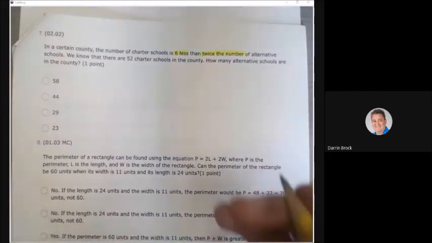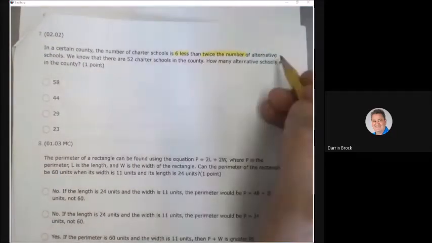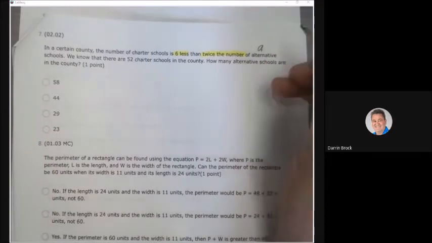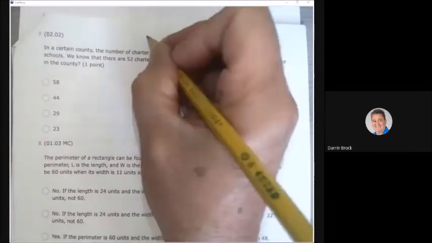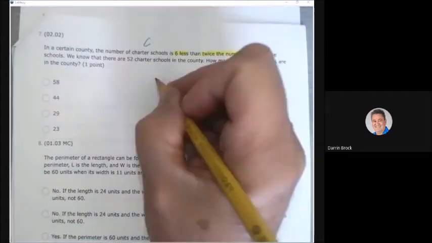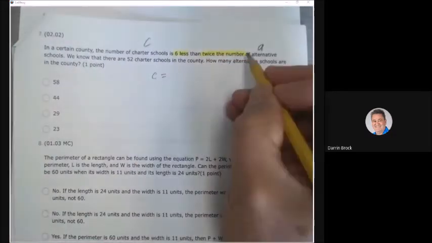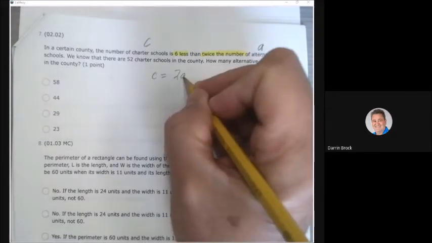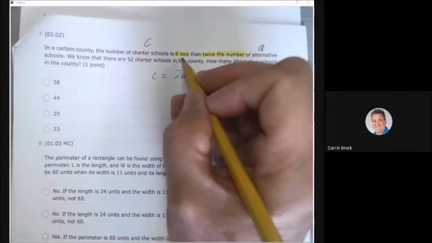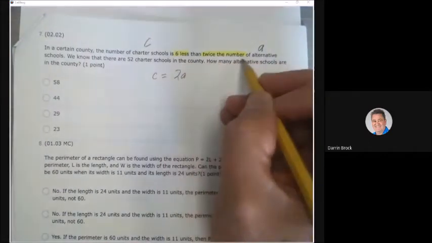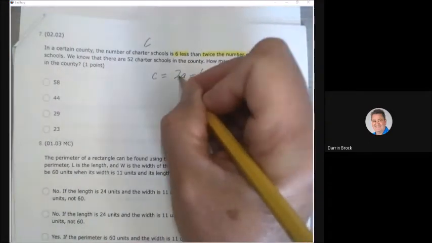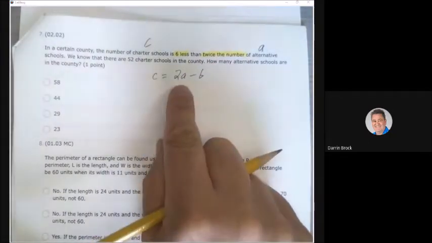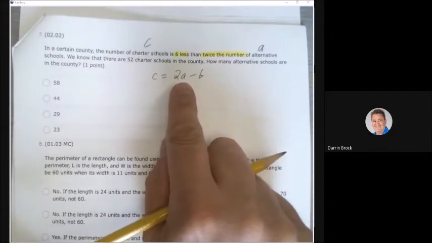All right, so let's give a variable for alternative schools, say that's an A. And so the number of charter schools equals twice the number of alternative schools, 2 times A minus 6. It's 6 less than twice the number of them.